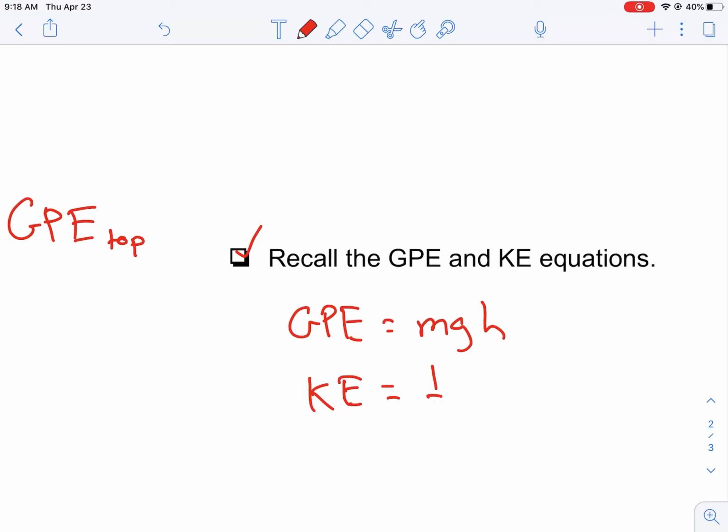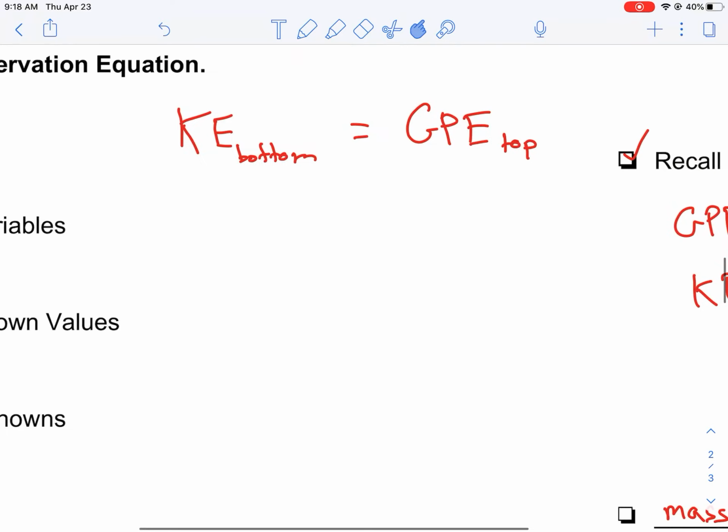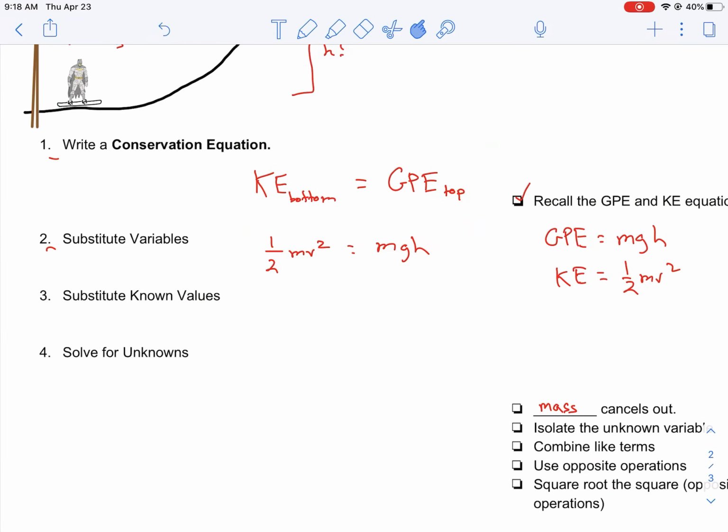GPE equals mgh. Kinetic energy equals 1/2 mv squared. And now let's substitute our variables. Same steps, same steps. Substitute the variables in. 1/2 mv squared equals mgh.